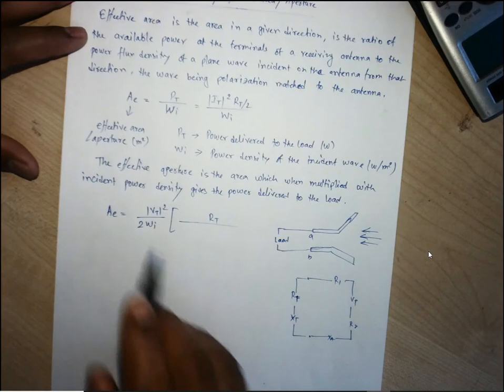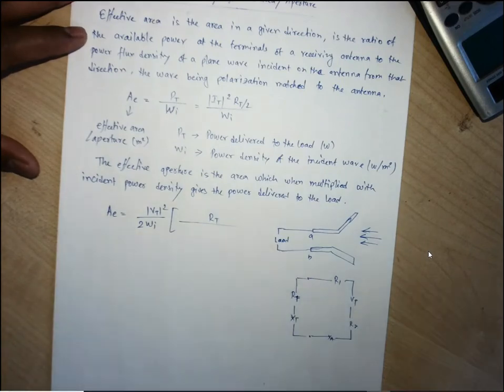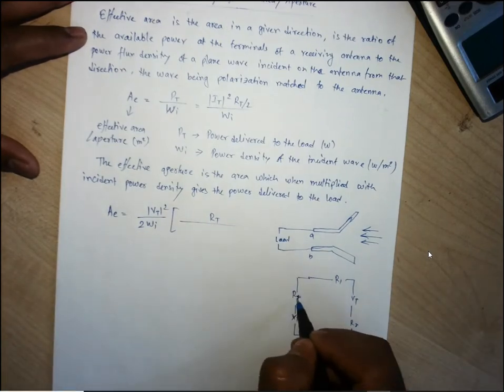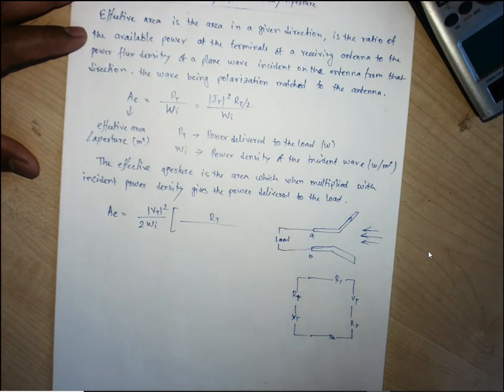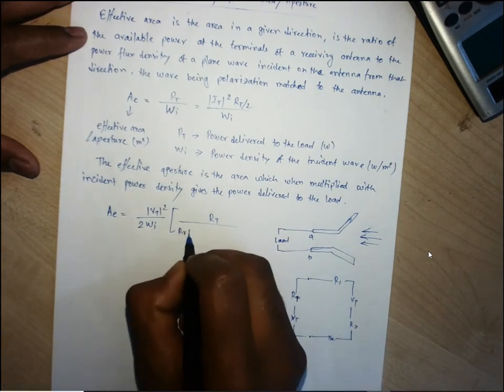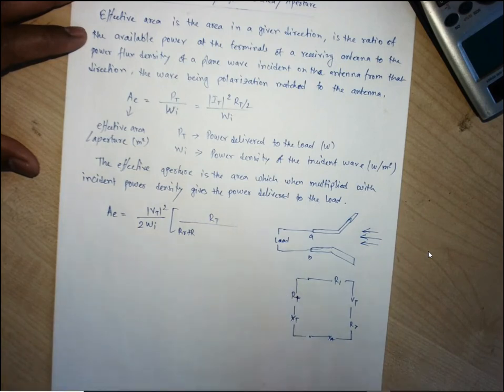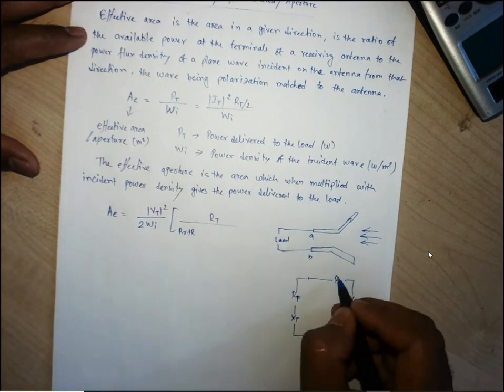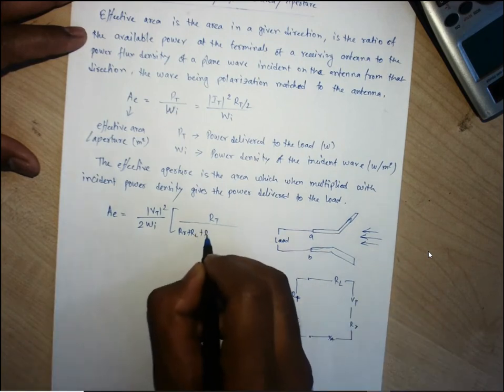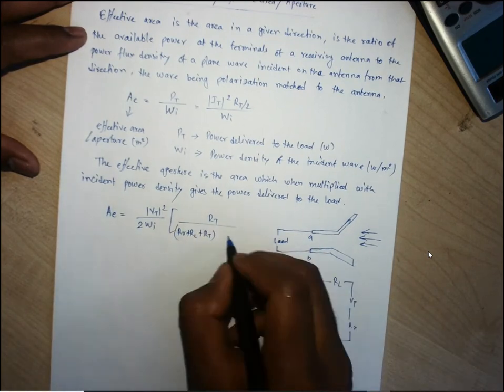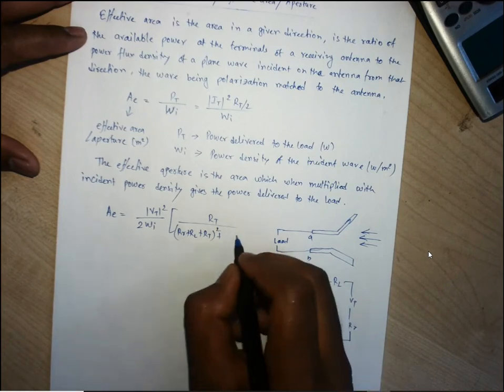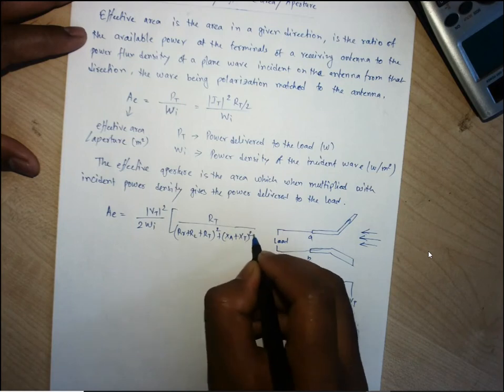So this effective aperture can be written with the resistance where the power is delivered on the load side, that is RT, over RR plus RL, the loss resistance, plus RT whole square, plus XA plus XT whole square.